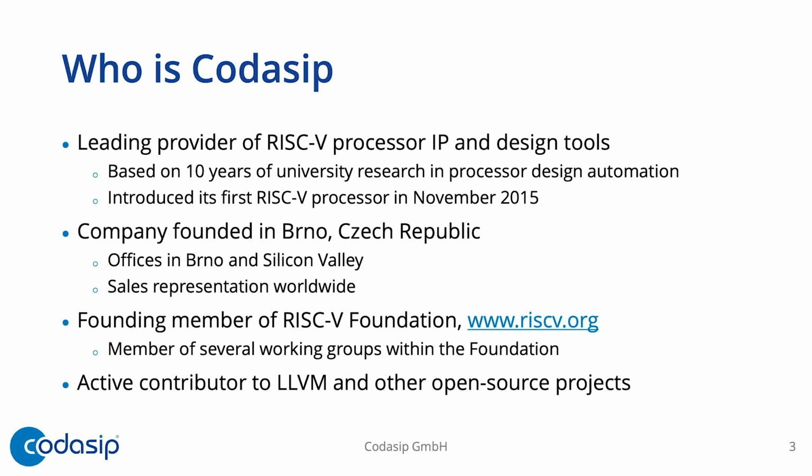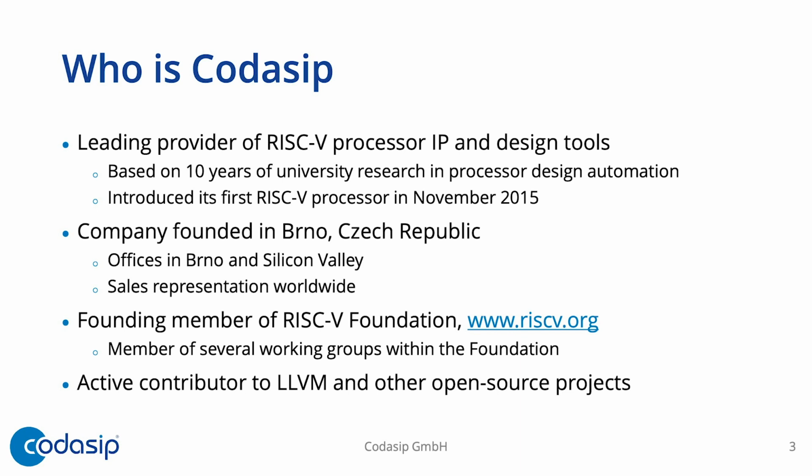We're a founding member of the RISC-V Foundation, so we joined quite early. As you guessed from the previous presentation, we're a member of several working groups, such as compliance or trace and others. LLVM is an open source project, so whenever we find a bug or some improvement, we try to open source it as well.